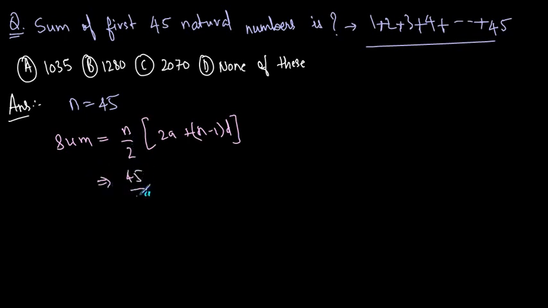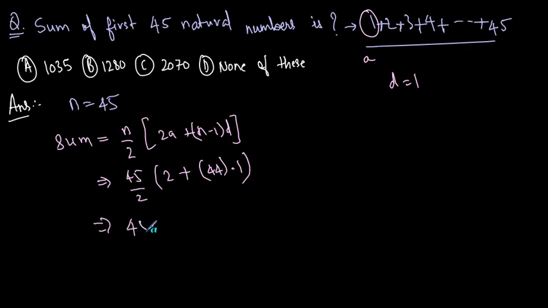45 by 2 into, here a is 1, d is 1, because the difference between two successive natural numbers is 1. So 2 into a, so 2 into 1 is 2, plus, what is n? n is 45. 45 minus 1 is 44 into d is 1.